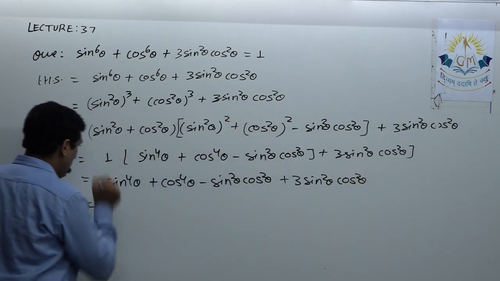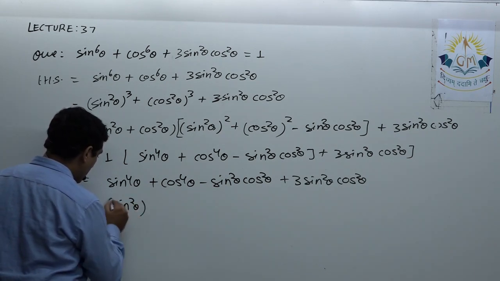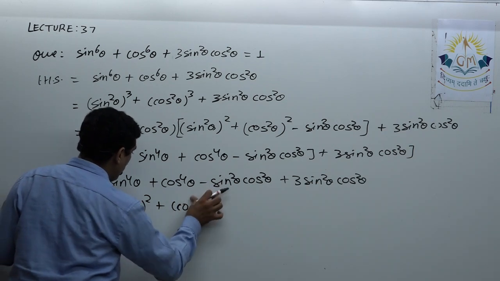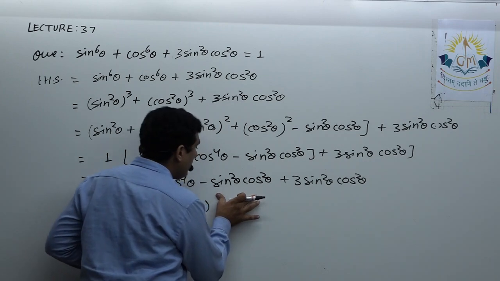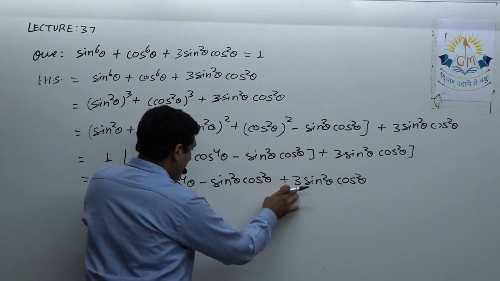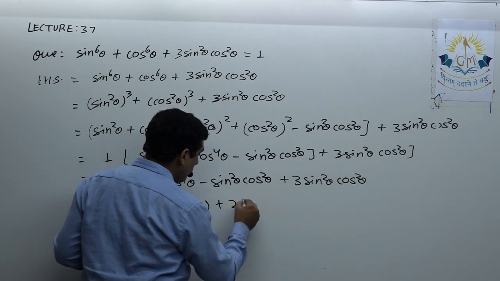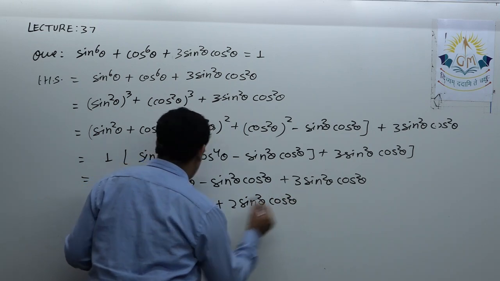Now again I can write this as sine square theta whole square plus cos square theta whole square plus 2 sine square theta cos square theta.